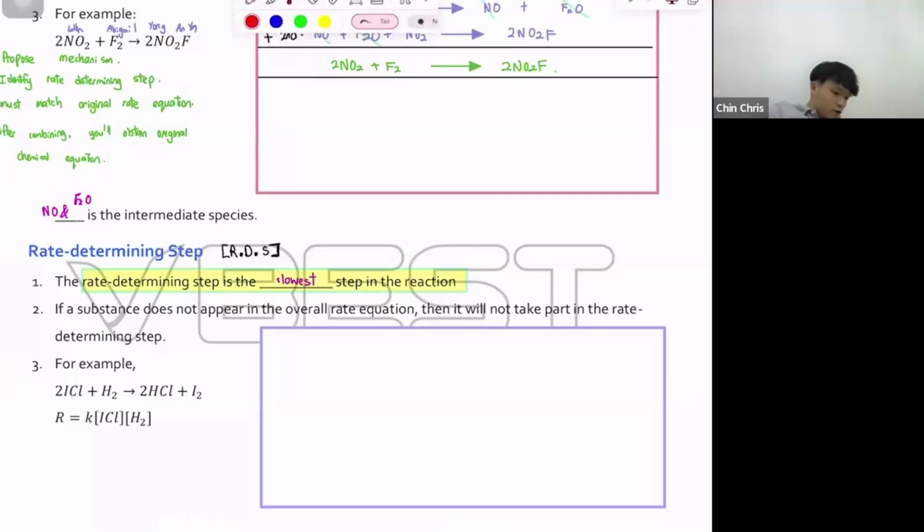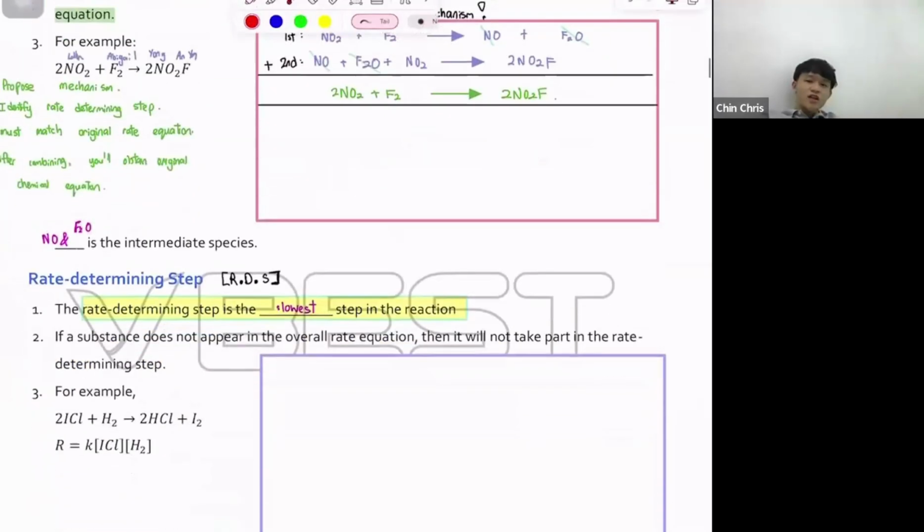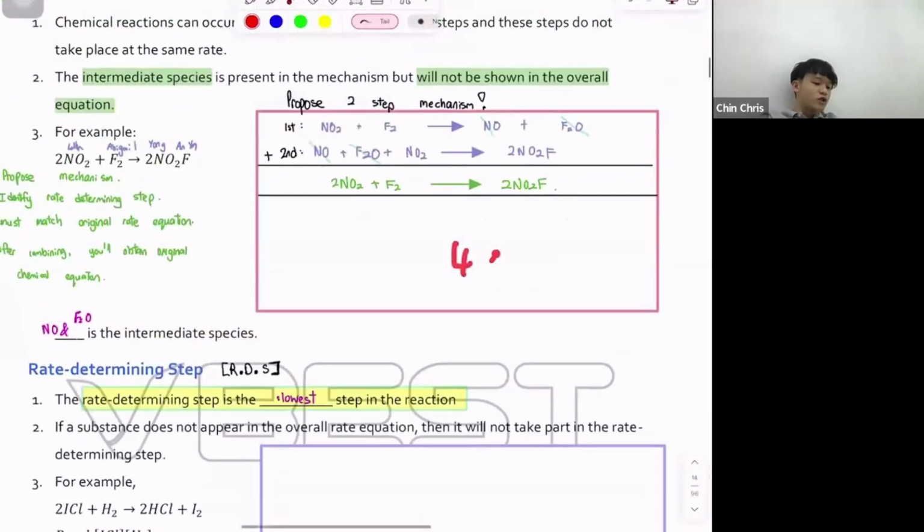So guys, just imagine a reaction is like a 4 times 100 relay. How do you determine whether you win or not? You must look at the slowest person in your team. If you have a very fat fella in your 4 times 100, no matter how fast the others run, as long as the slow fella is there, you 100% lose. So the rate determining step is basically the fat fella that runs the slowest.